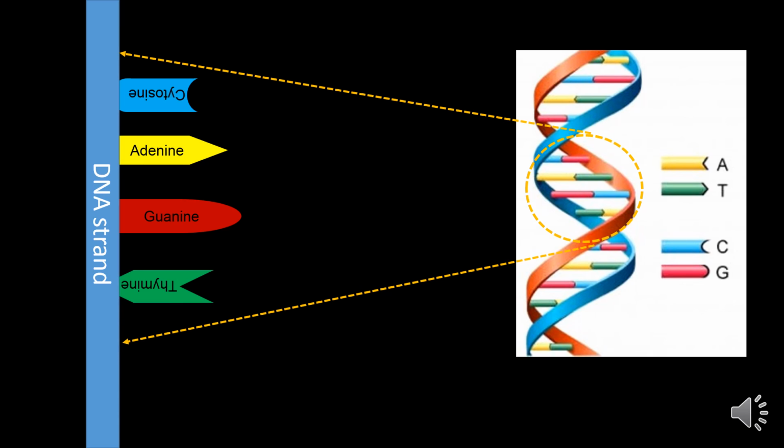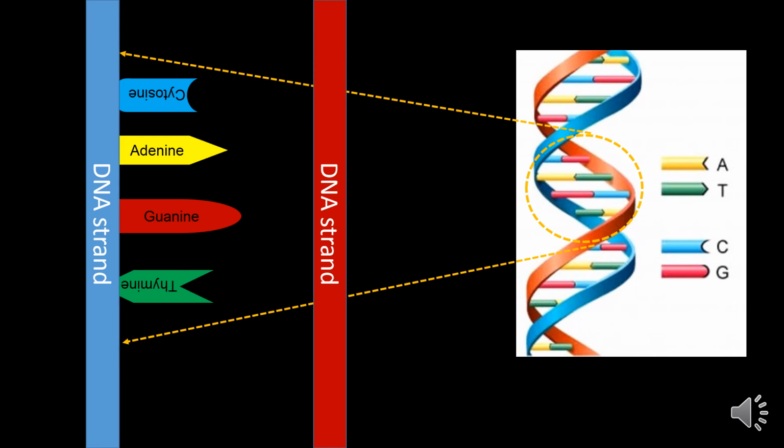Now, because of the complementary base pairing, the sequence of bases on the other strand has to follow the rule that cytosine pairs with guanine and adenine always pairs with thymine. So let's fill in the missing nucleotide bases on the red DNA strand. Cytosine pairs with guanine.